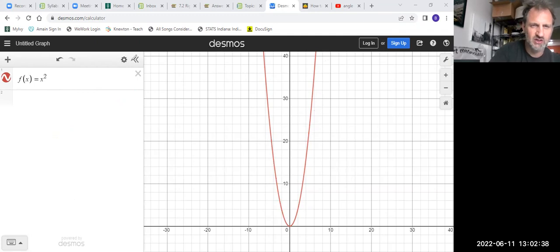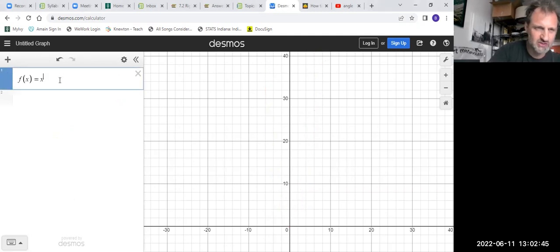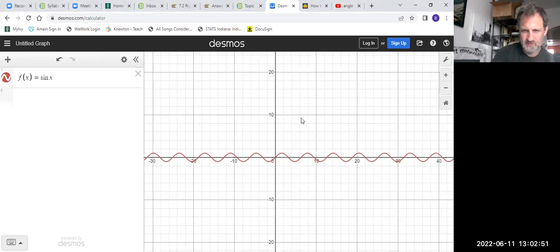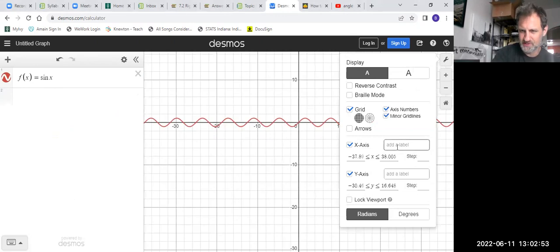Okay, so while we're here, we might as well use decimals. Let's talk cosine x and sine x as functions. Okay, I'm going to refocus here. I'm also going to change my settings. Really, I don't need to go all of that.